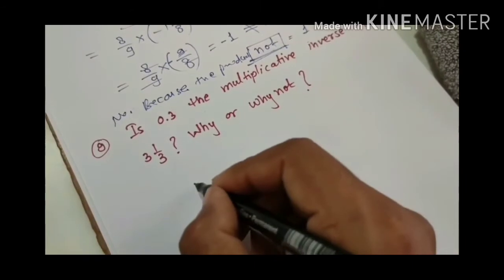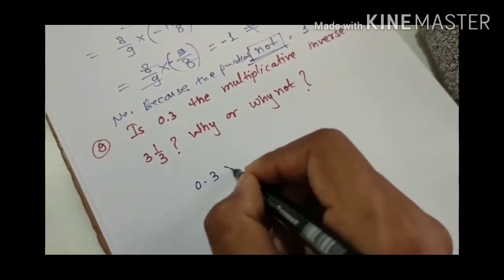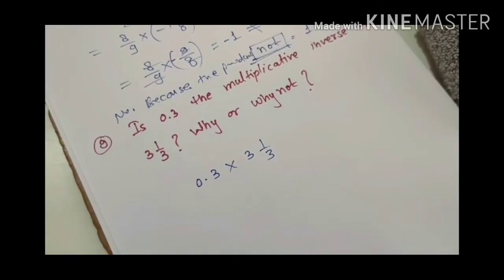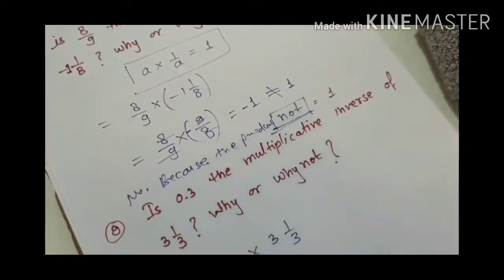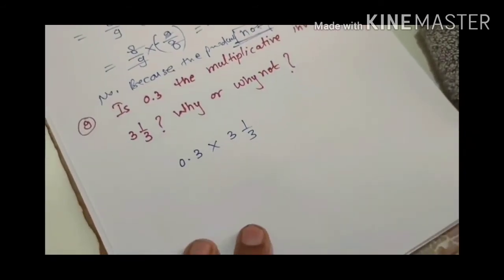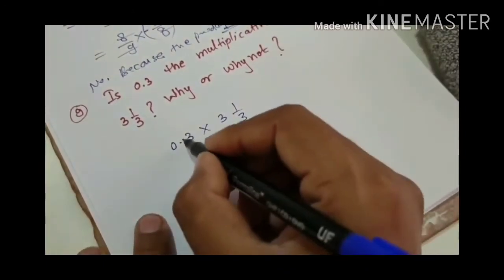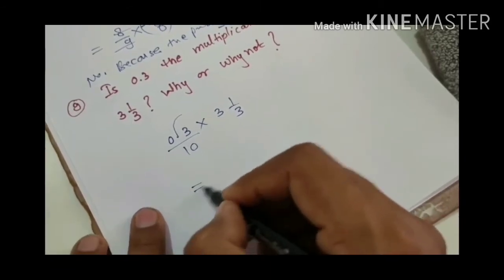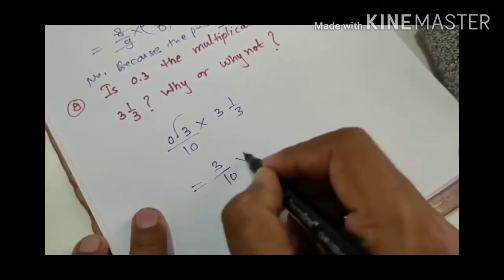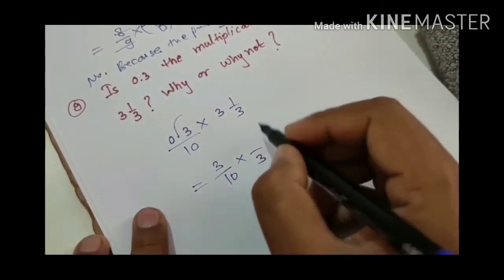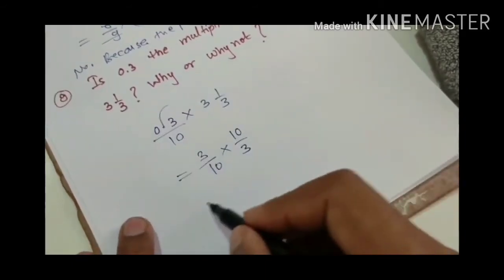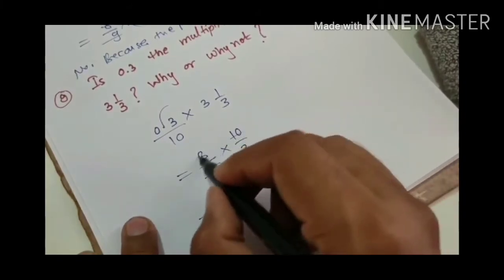Now see, is 0.3 the multiplicative inverse of 3 whole 1 by 3? We have to change here. 0.3 into 3 whole 1 by 3. Let's change this point. If I change it, what can I write? 3 by 10 into 3 times 3 is 9 plus 1, 10. Now let me multiply, cancel, cancel.